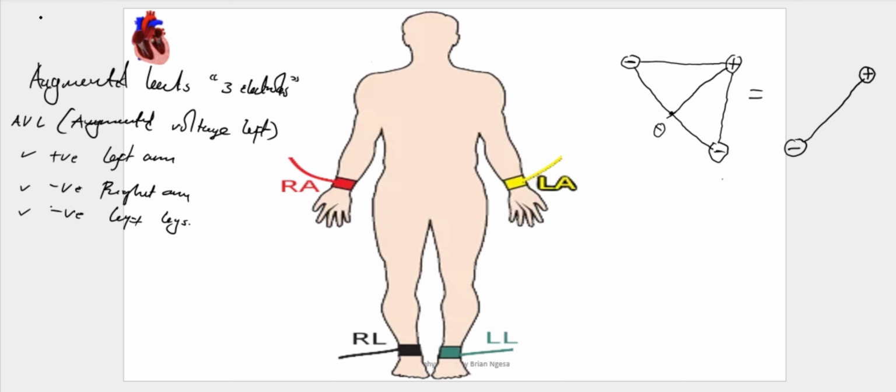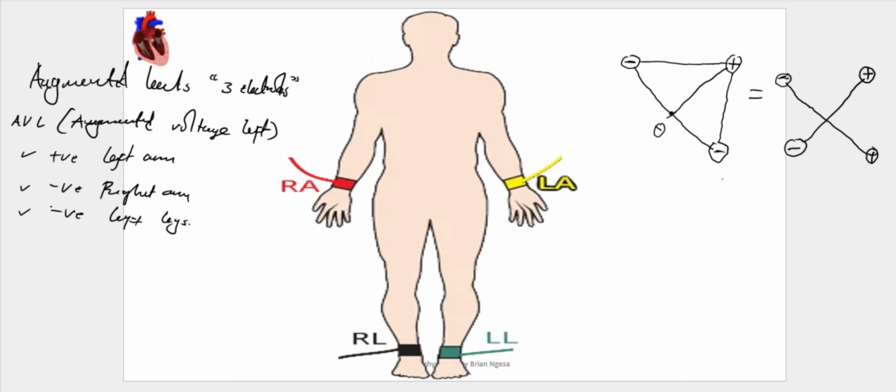If you place it with the other leads, for example lead 2, where we had the negative on this part and the positive on this, it will seem as though this augmented lead is just attempting to intersect these other leads.